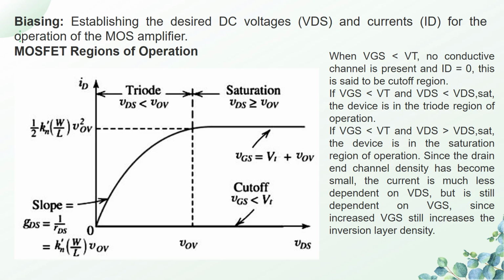So the device is said to be in the saturation region of operation. Since the drain end channel density has become small, the current is much less dependent upon the voltage VDS, but it still depends on VGS, since increased VGS still increases the inversion layer density.